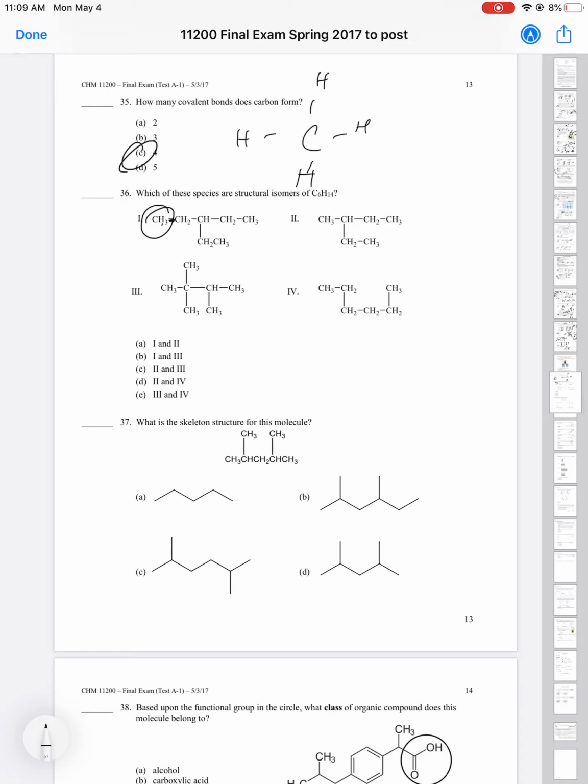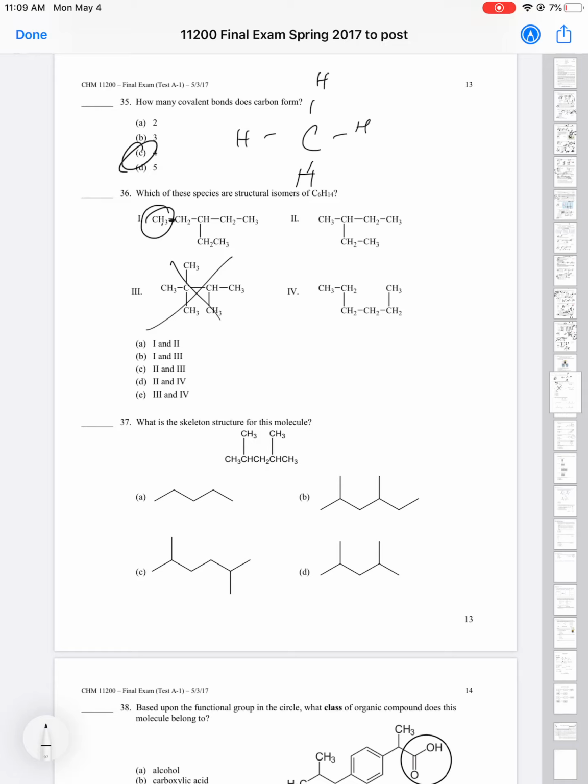Which of the following species are structural isomers of C6H14? So 6 carbons: 1, 2, 3, 4, 5, 6. This one has 7, so that's not a structural isomer.